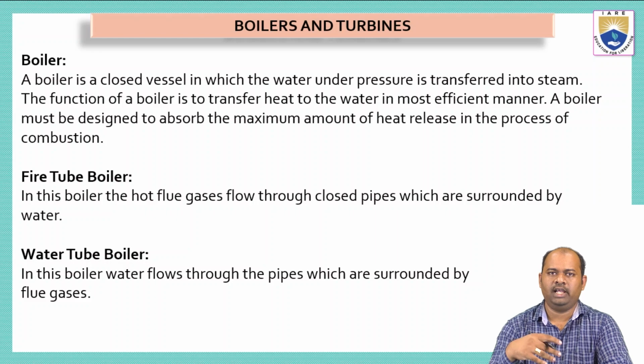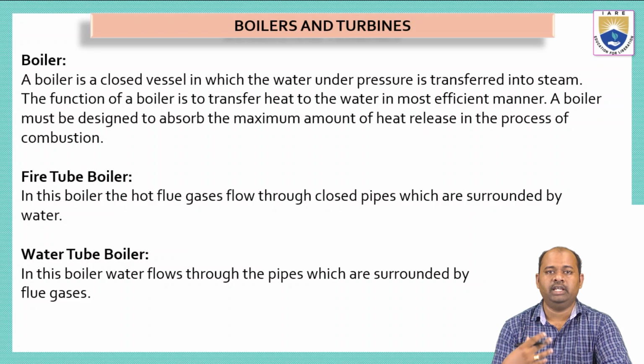This is how the heat is supplied to the water, and the water boils. Whenever the boiling of water takes place, the boiler will produce some amount of steam. This is called a fire tube boiler.